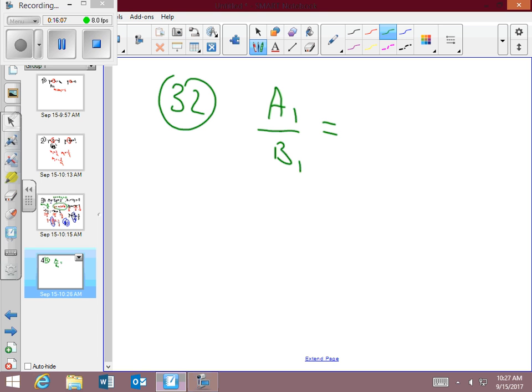Where would you put A1 and where would you put A2 here? A2 and B2. A2 would be on top and B2 would be on bottom. Technically, it's not the slopes, but both of them would be negative to be the slopes. Do you see that?